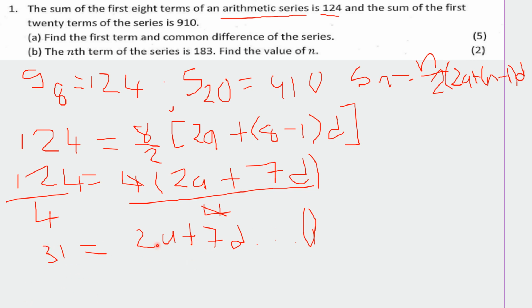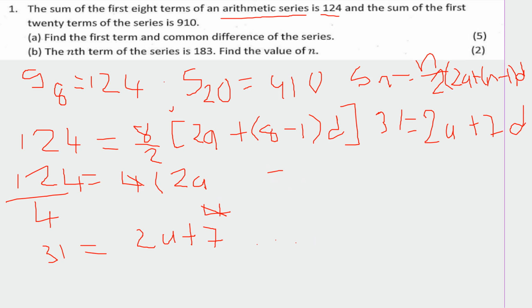Can I just take this equation and write it here so that I have space to solve for the second equation? And then now I can erase here. Let me erase.